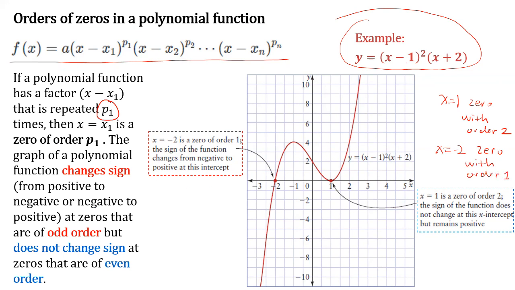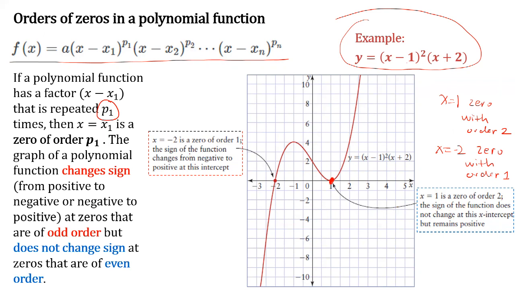So the statement says that for zeros with even order, for example, x = 1 here, we have already discussed that this zero has order 2, and 2 is an even number. So according to the statement, the sign of the function does not change at this x-intercept, but remains positive.